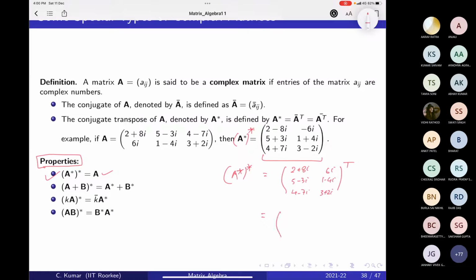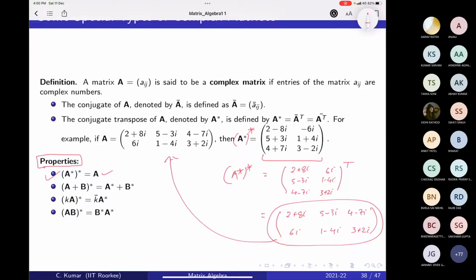The transpose of this will be, first column becomes first row: 2 plus 8i, 5 minus 3i, 4 minus 7i, 6i, 1 minus 4i, 3 plus 2i. And this is the same as the matrix A.